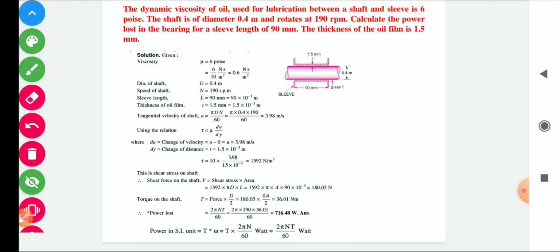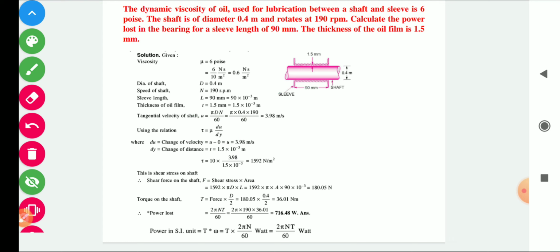Now the shear force will be equal to the shear stress into area, because we know shear stress is equal to force per unit area, and after rearranging we can say this force will be equal to shear stress into area. Now we have already calculated shear stress. The area we can calculate because the length of the shaft and its diameter are given.